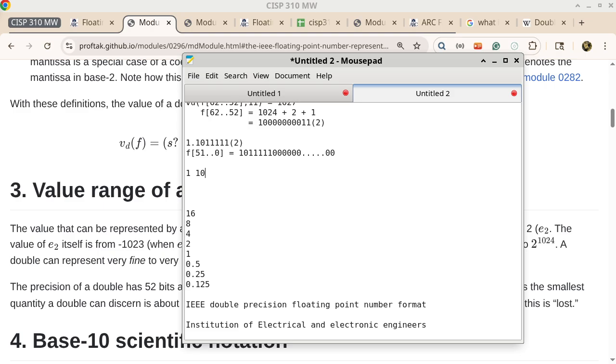And then we have 1, 0, 0, 0, 0, 0, 0, 0, 0, 1, 1 for the biased exponent, because this amount specifies 1027, but because there's a bias of 1023, the actual power of 2 is really just 4, which is 1027 minus 1023. And then the rest of it is whatever we have as the fractional part of the coefficient, or mantissa, which is this part here. So now we have specified all 64 bits.